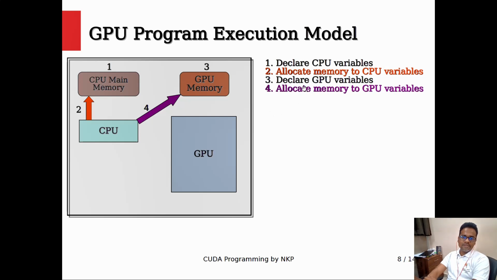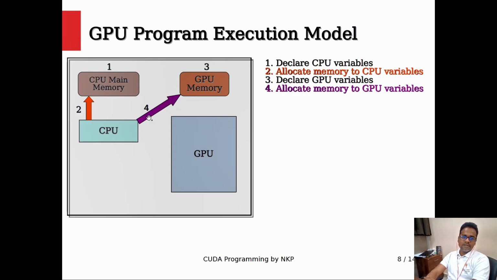The reason we do this is that if I want to perform any computation on the CPU, the CPU has access to its own memory, so the data must reside in the CPU's main memory. But if some computations have to be performed on the GPU side, then the data corresponding to that computation must reside in the GPU's memory.